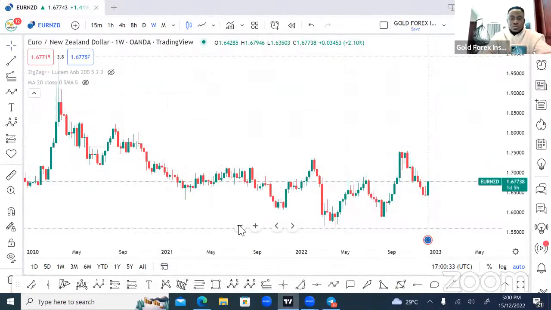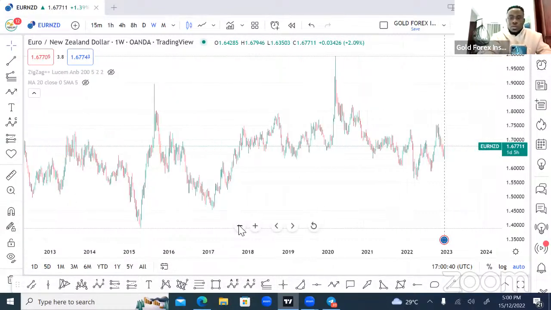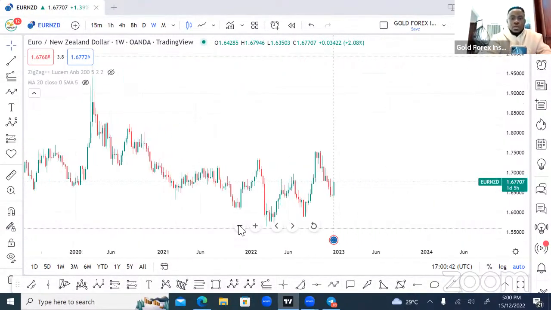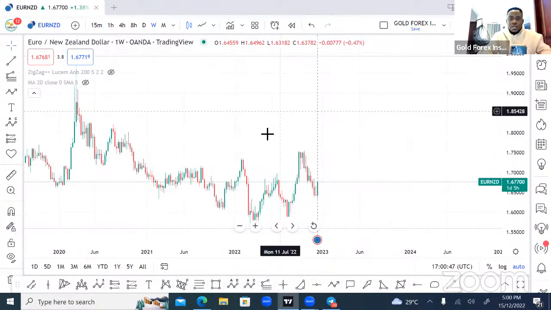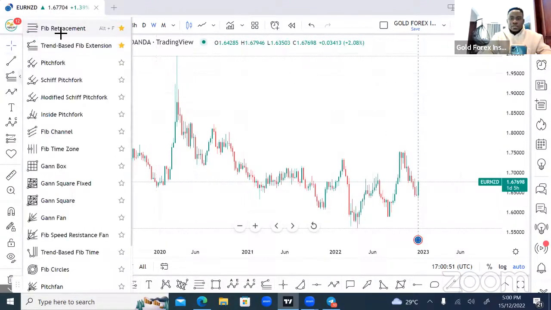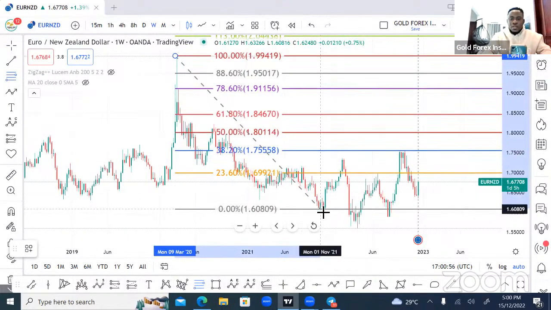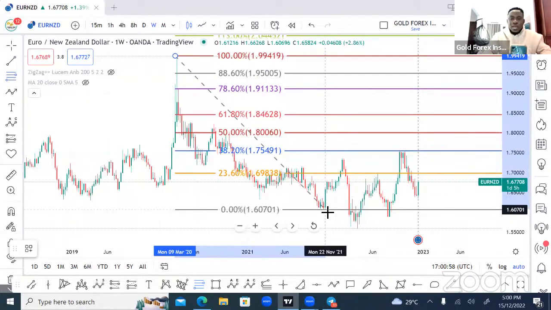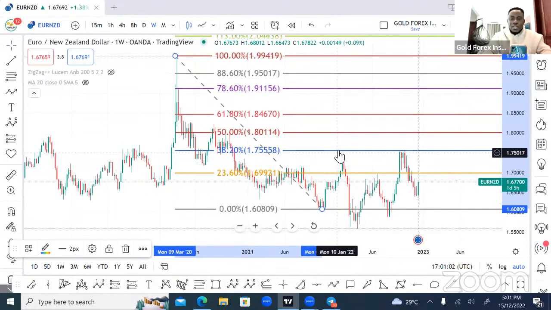Okay. So I saw some break of market structure here. Now, let me look at from here. I don't like it if it doesn't touch the 38.2.